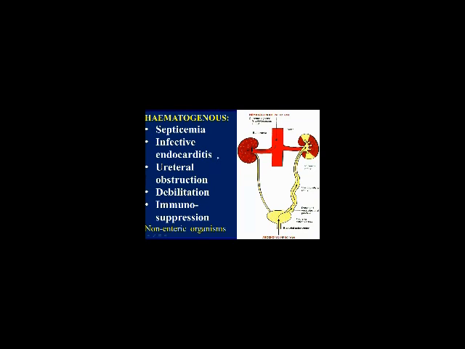Now, blood-borne infection is more common when there is urethral obstruction, because when the urethra is obstructed, the cleansing action of the kidney is reduced, and there is more risk of developing infection. Then in debilitated persons and in immunocompromised persons, there is more risk of this blood-borne infection. And the hematogenous route mainly causes infection by non-enteric organisms, in which Staphylococcus is very important.